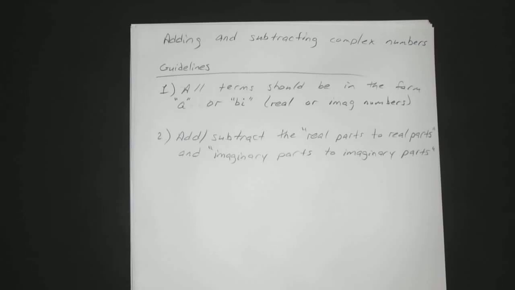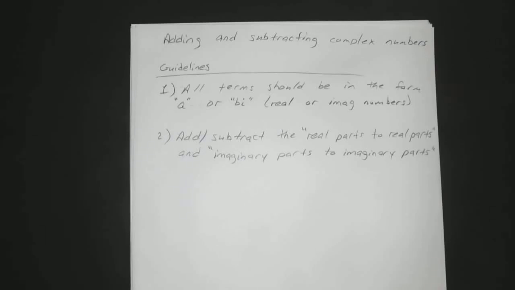Okay, so it's really just identical to adding and subtracting variables. If you have 3x plus 2x, that's going to equal 5x. If you have 3i plus 2i, it's going to give you 5i. So even though it's not a variable, it still follows the same rules.